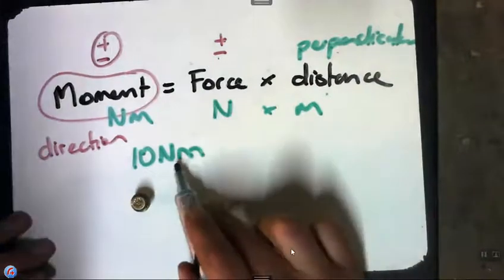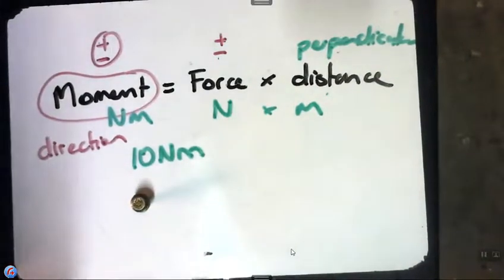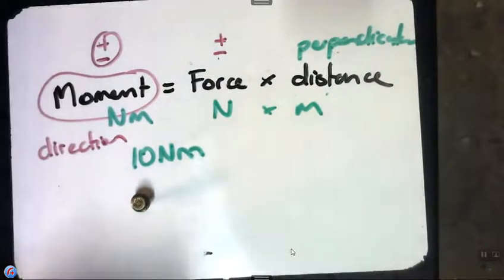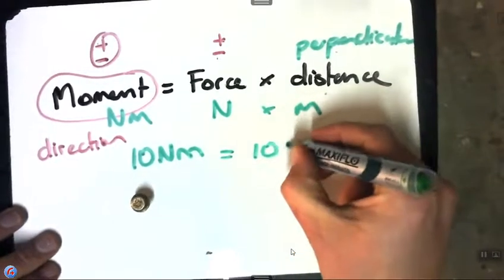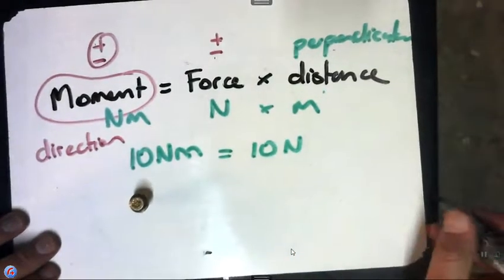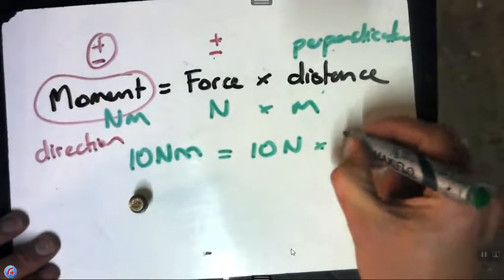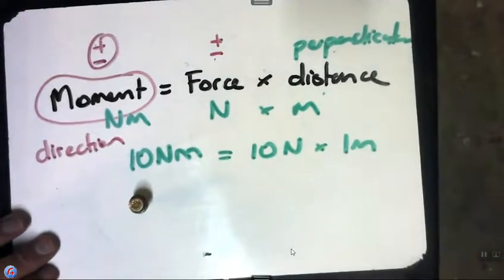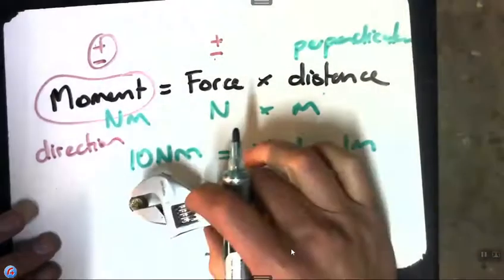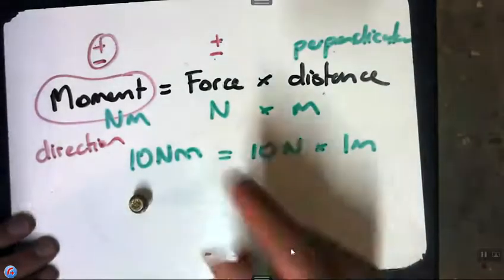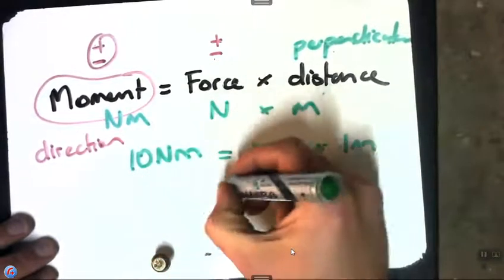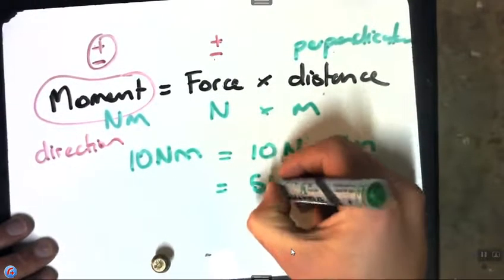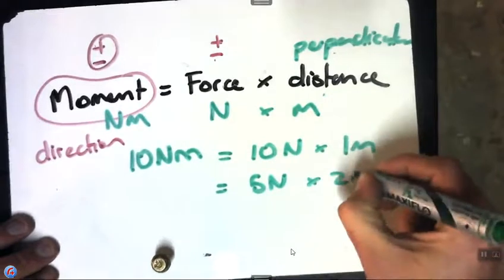So let's say this nut needs 10 Newton meters. Then I can apply a force of 10 Newton at 1 meter. So when it's very close, I can apply a big force. Obviously this spanner is not a meter. Or I can say 5 newtons times 2 meters.